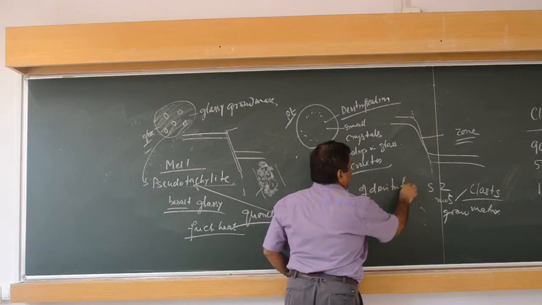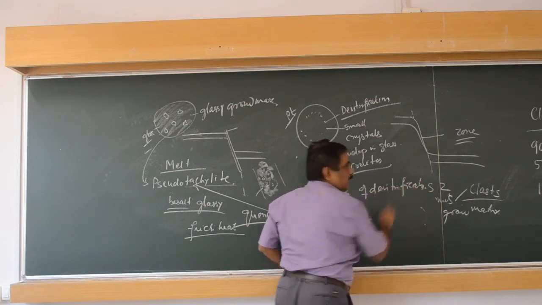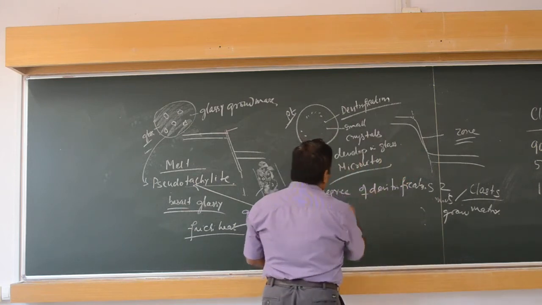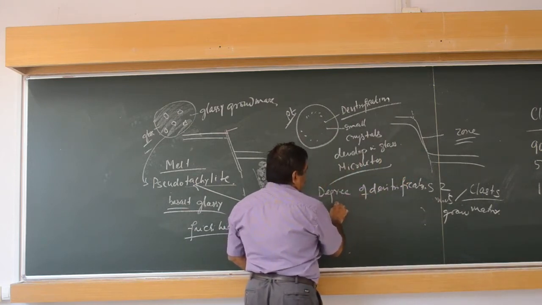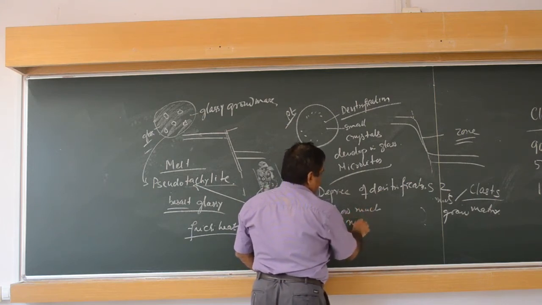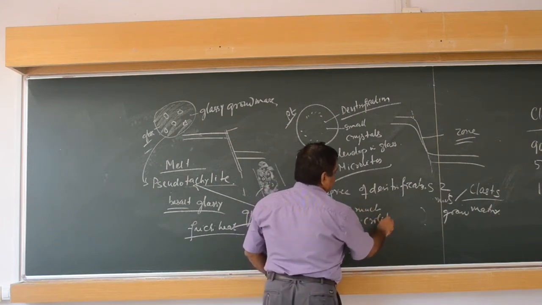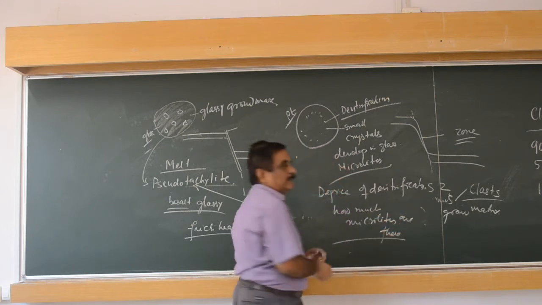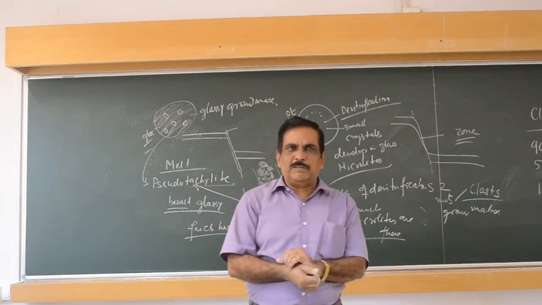Devitrification, you understand? Crystallization from a solid material. So the degree of devitrification will tell how many microlites there will be. Do we have any photograph here?